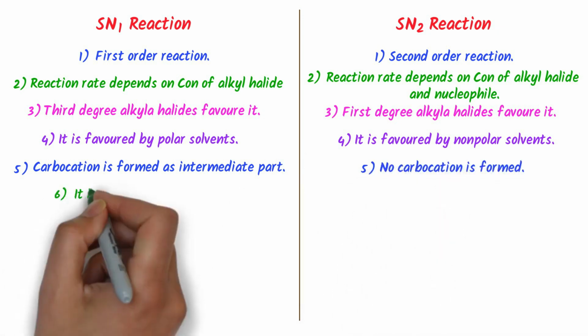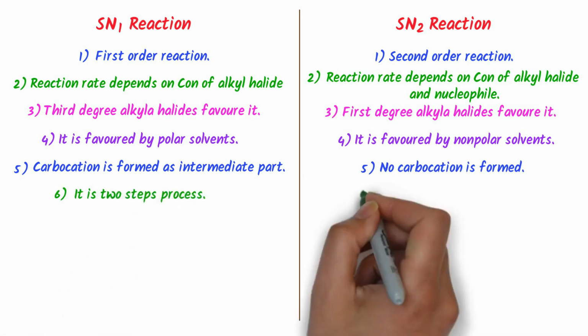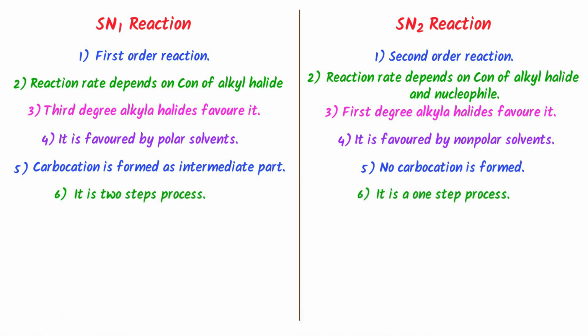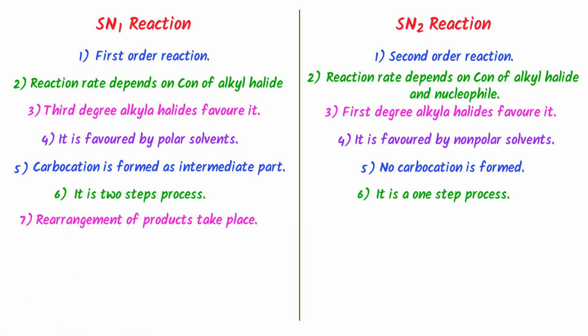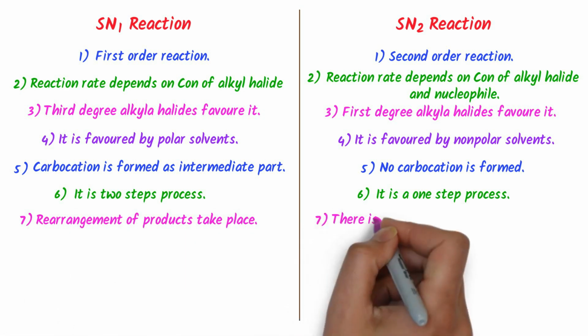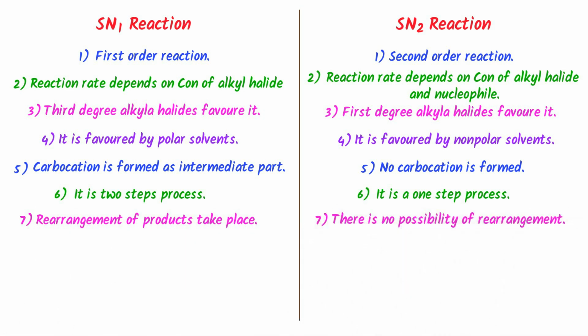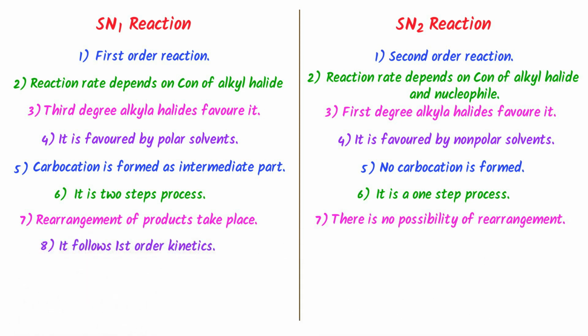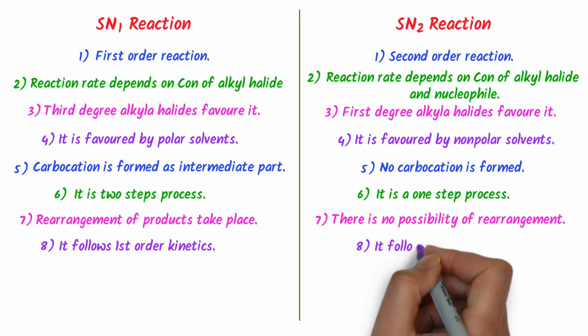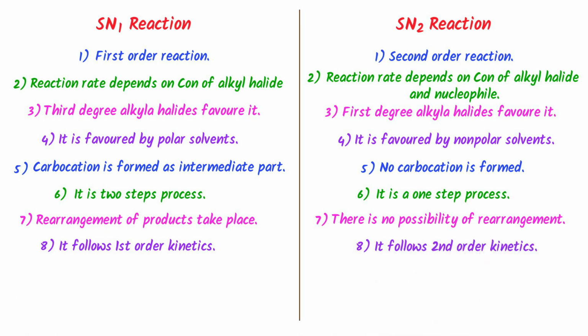Sixthly, SN1 is a 2-step process, while SN2 is a 1-step process. Seventhly, in SN1, rearrangement of products takes place, while in SN2, there is no possibility of rearrangement. Eighthly, SN1 reaction follows first order kinetics, while SN2 reactions follow second order kinetics.